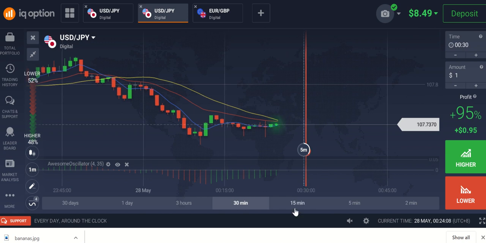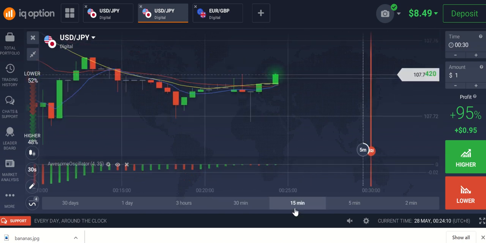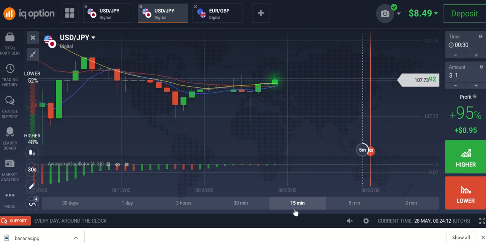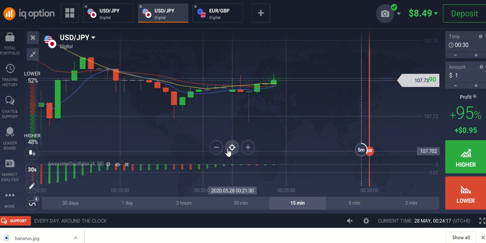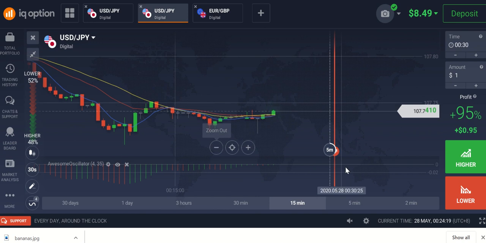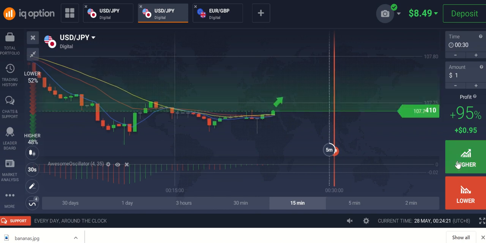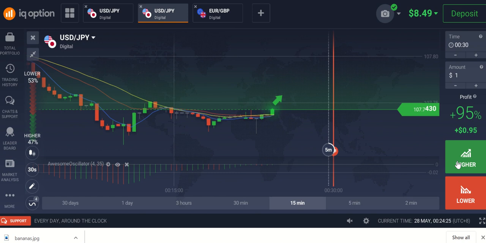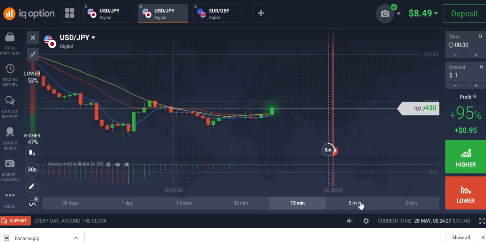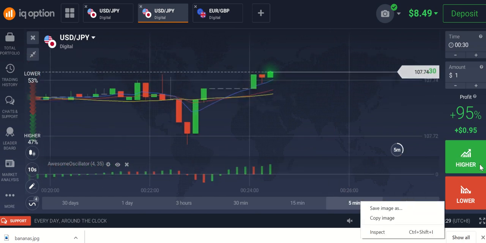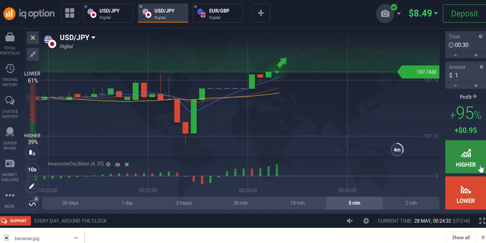Okay, so let's try this. Now moving upwards. Yeah, I think this is a promising play. Let's just have it retrace for a bit. Come on. Okay.